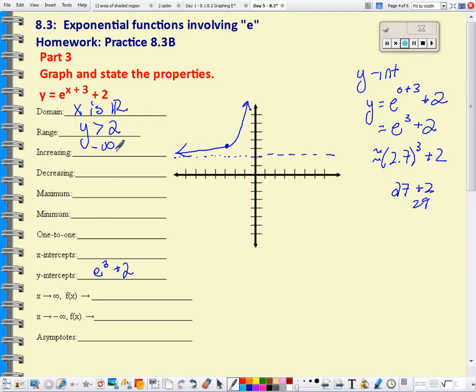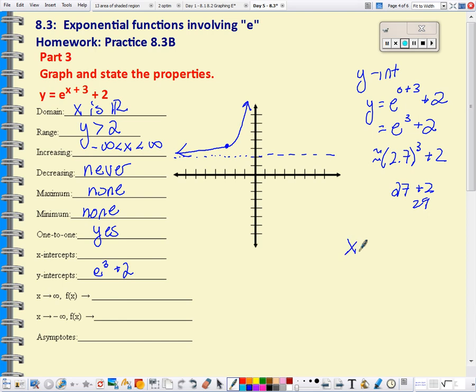So that's negative infinity less than x less than infinity. We're never decreasing. We have no maximum. We have no minimum. It is one-to-one. The original is a function, and the inverse will be a function.